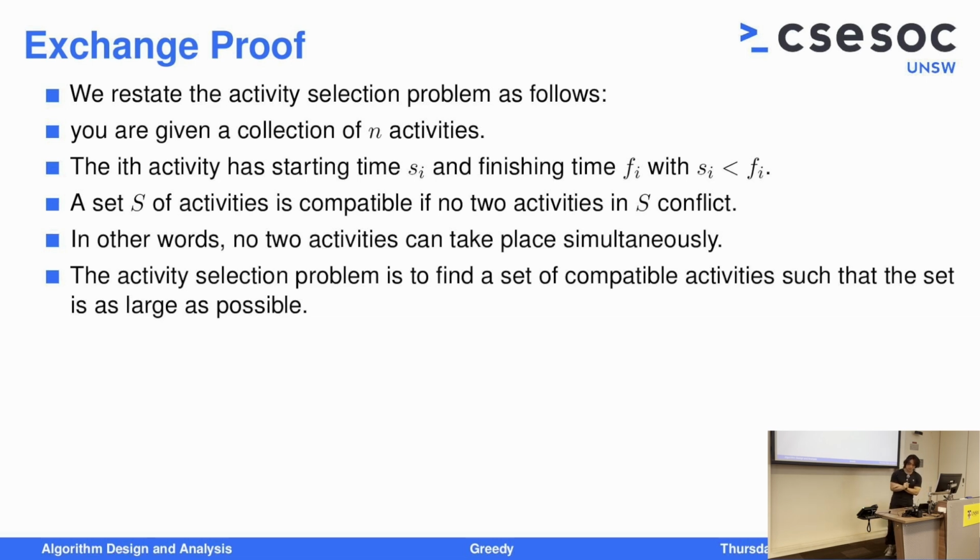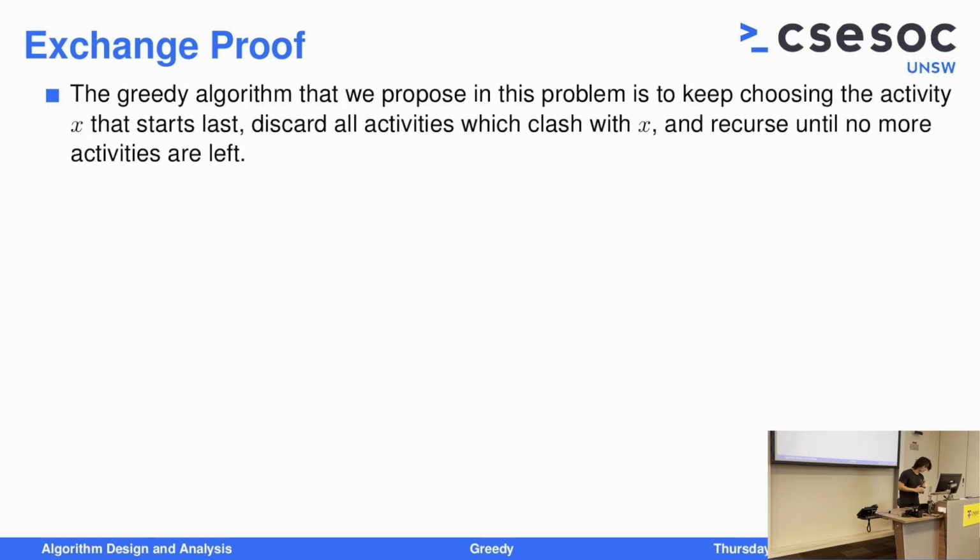With exchange proofs, the basic idea behind it is that if I had another optimal set of activities, and I took one out and replaced it with my greedy selection, it couldn't be any better. That's essentially the exchange proof idea, and we'll go through this one now.